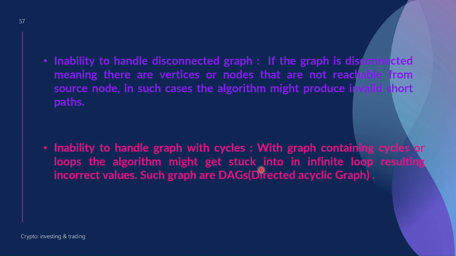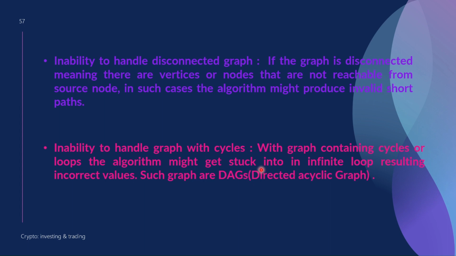Up next is inability to handle graph with cycles. Now think of a graph that has four nodes connected to each other and one of the nodes is connected to source node and another node is connected to the destination. Now the source node, which is connected to that cyclic loop of four nodes, has started traversing.